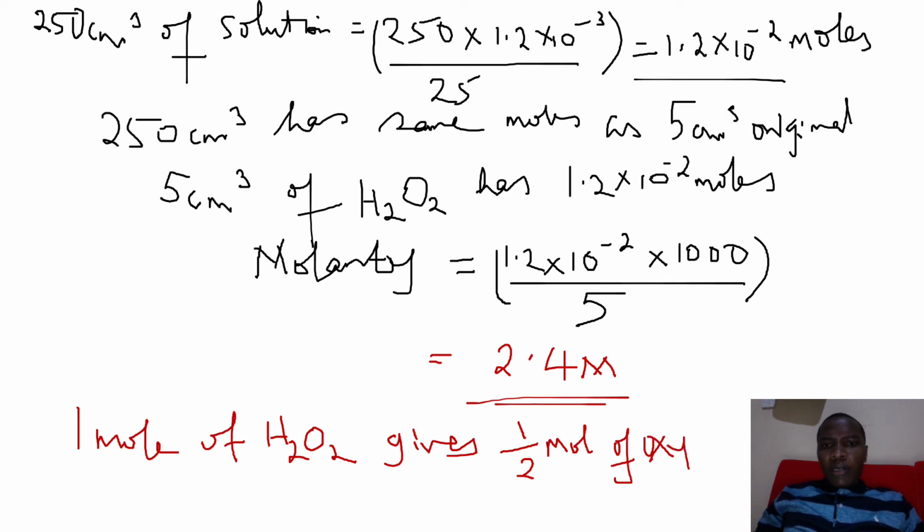We've known that already from the beginning, from the statement that I gave. If that is the case, how about what I just got here, 2.4 moles of the same hydrogen peroxide?